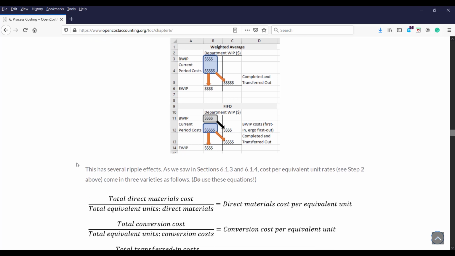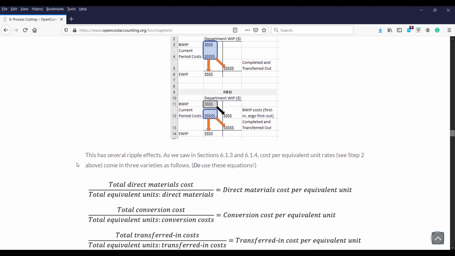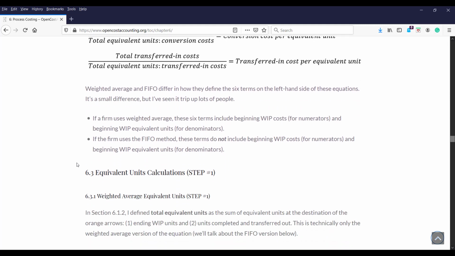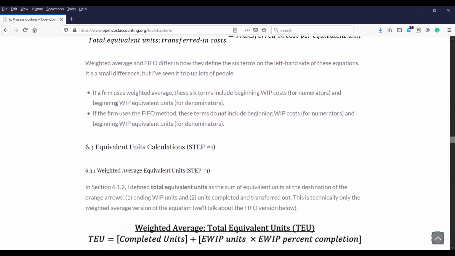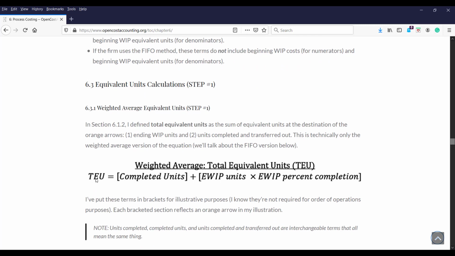Total equivalent units reflects this. So with total equivalent units, under the weighted average method, we're going to include beginning WIP in the denominator. And we already did. This is me restating what was above. I already had this equation stated above. We have total equivalent units be all completed units, including the ones we started last period.